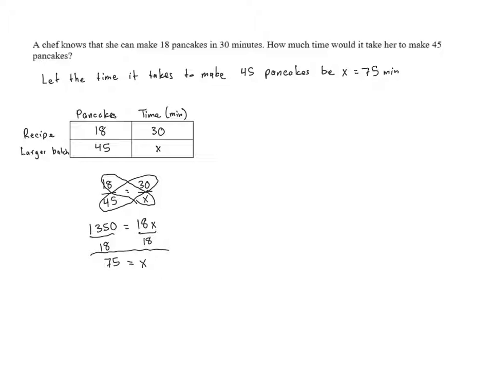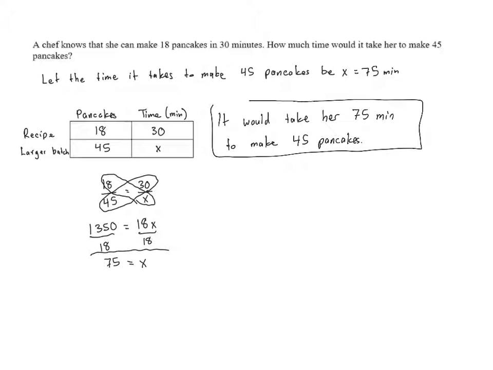So that's going to be 75 minutes, and that's going to be our conclusion. It would take her 75 minutes to make 45 pancakes. And that is our final answer.